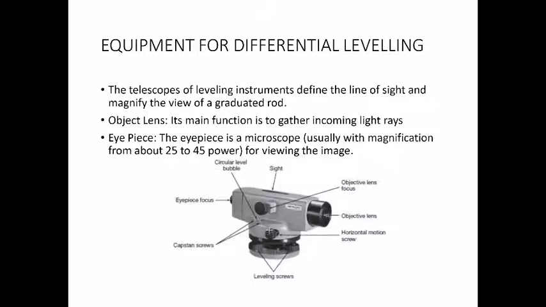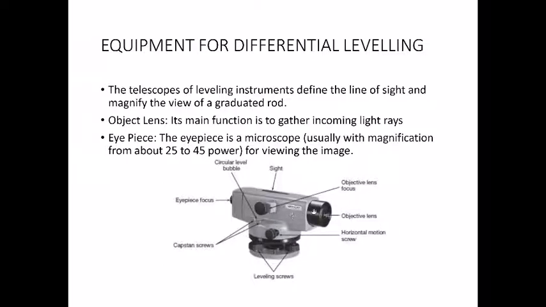Over here, we have this horizontal motion screw. If you have experienced this with your cameras as well, when you are looking through a zoomed view, moving your camera slightly moves the image a lot. The similar thing happens when you're looking through the eyepiece. By rotating it just a little, the whole image moves by a lot.